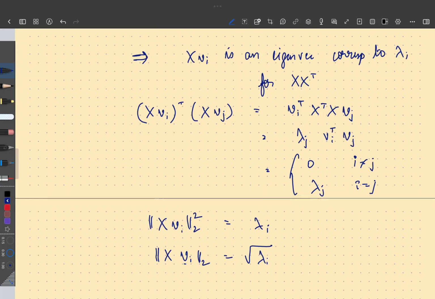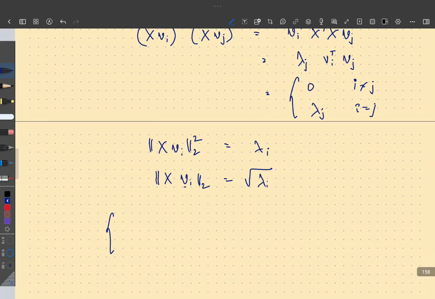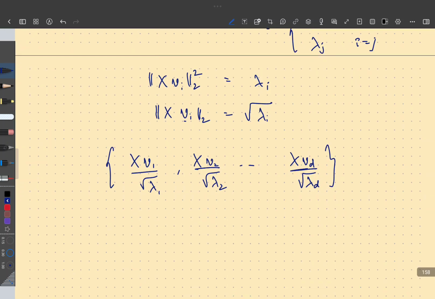So now if I want an orthonormal set of eigenvectors for X X transpose from the corresponding orthonormal set of vectors for X transpose X, then all I need to do is take the following set: X V1 by root lambda 1, X V2 by root lambda 2, up to X Vd divided by root lambda d.